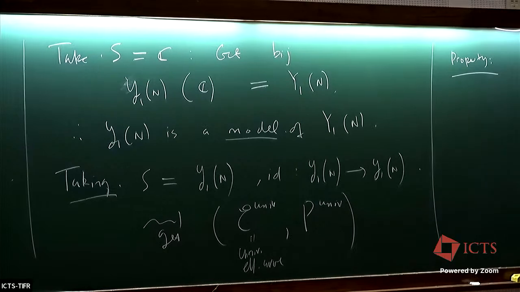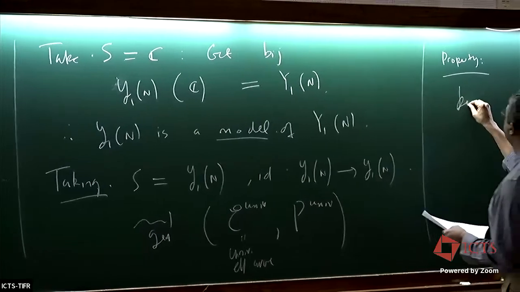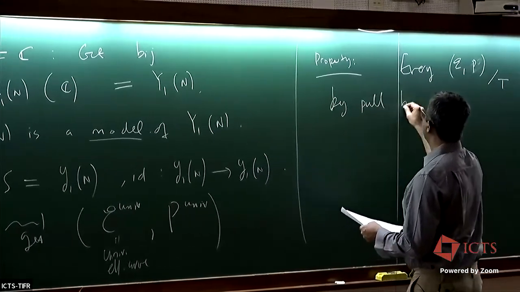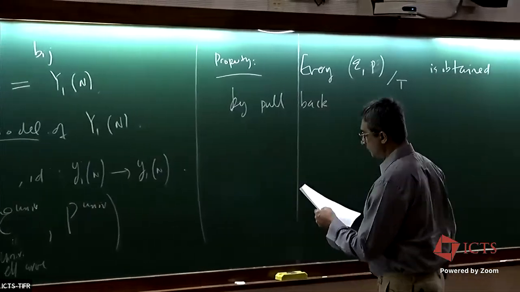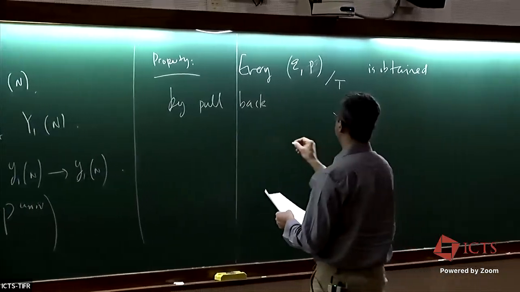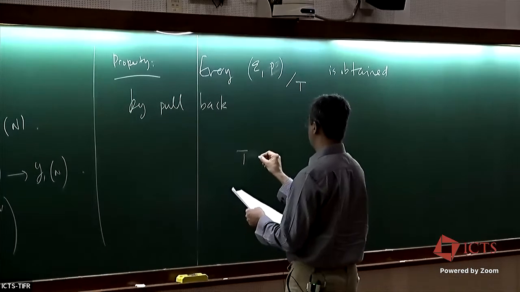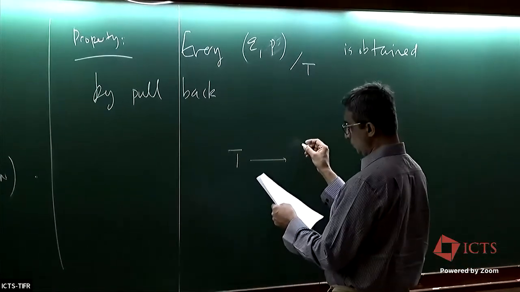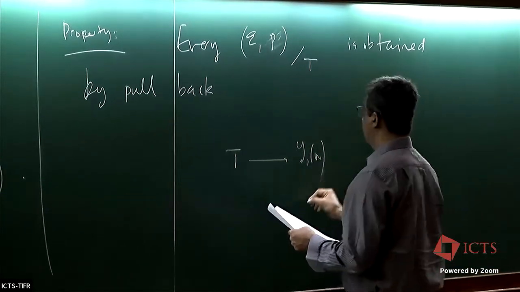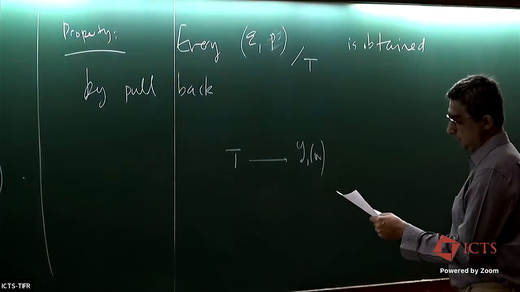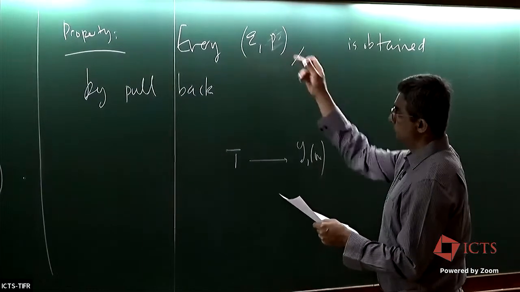Every elliptic curve E over T, some scheme T, is obtained by pullback in the following picture. There exists a morphism from T to Y1n, a T-valued point. So this corresponds to this pair.